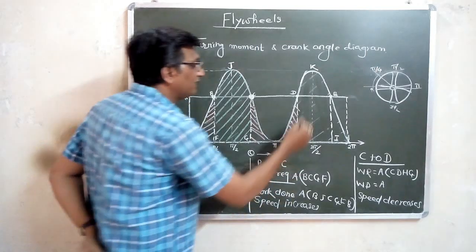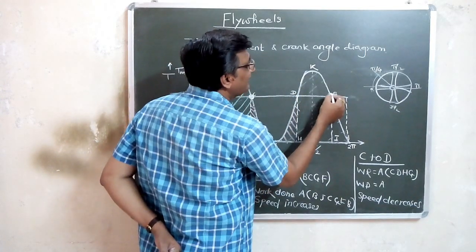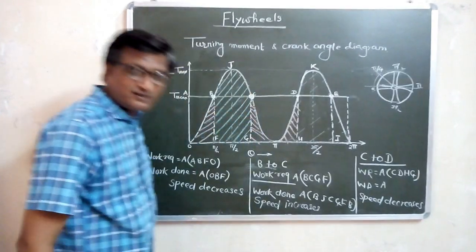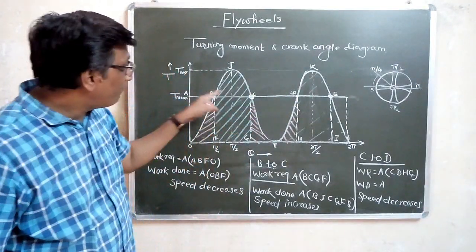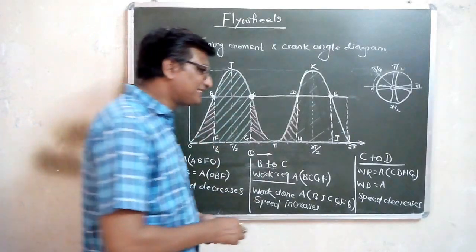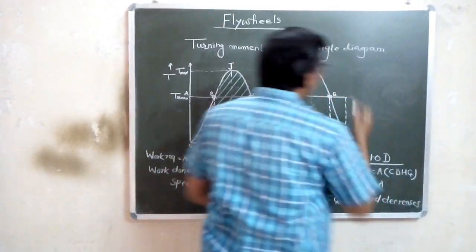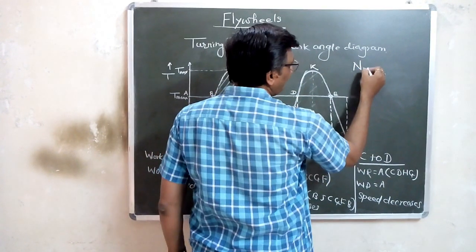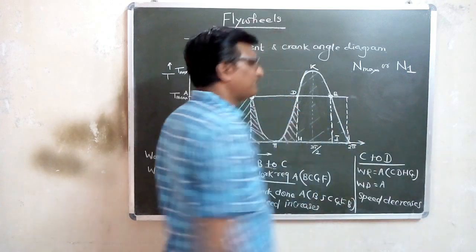Similarly, from D to E, its speed increases, and at E it starts decreasing. That means the points C and E are the points where you will get maximum speed. Let us say that maximum speed is Nmax, or you can say N1 also for the maximum speed.